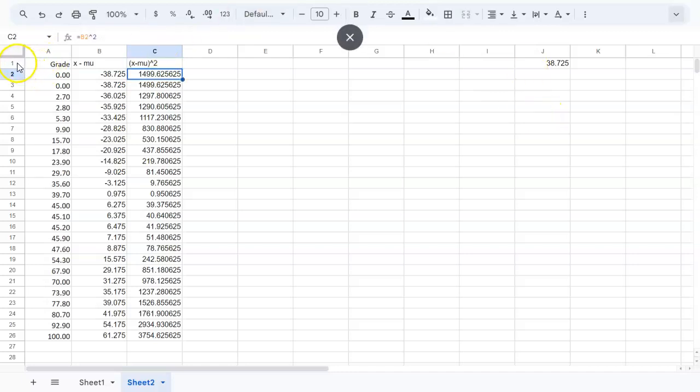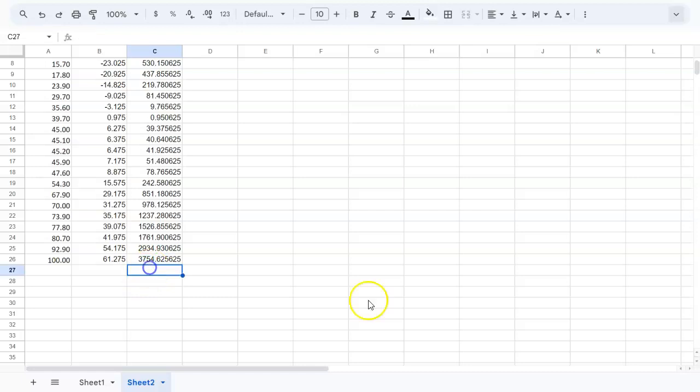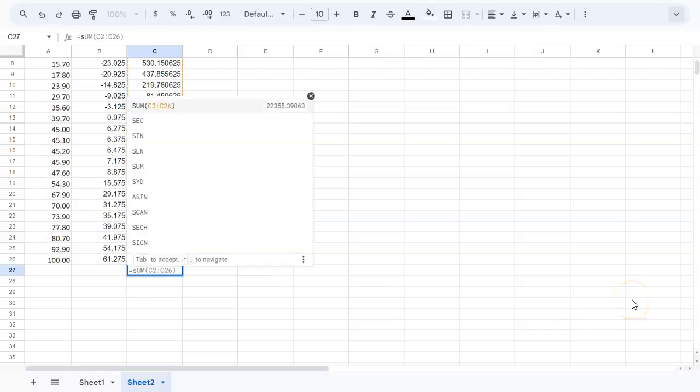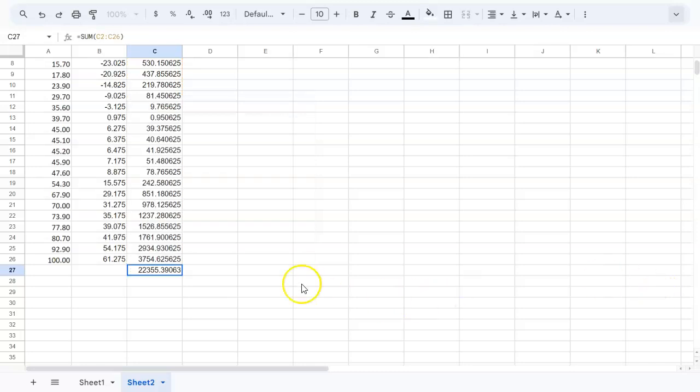So now we're going to sum these up, right? If I sum these up, I'm going to get 22,000 basically. And by the way, if I sum up column B, I'm going to get 0.